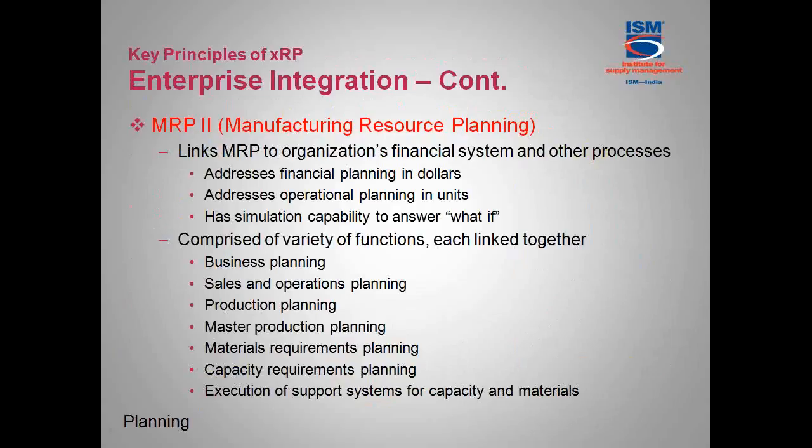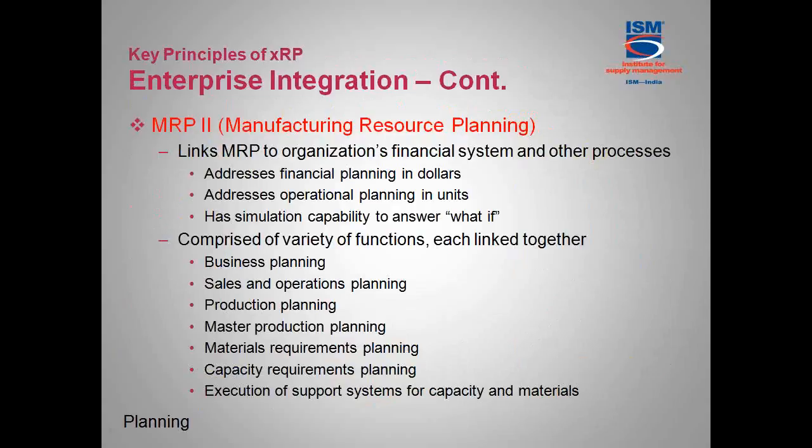Then the second level is sales and operation planning. Sales and operation planning is input to the production plan. We can say sales and operation planning separately, or also as a part of the production plan. In sales and operation planning, the sales people give the requirement for a particular product line or family of products or group of products, a volume level forecast.